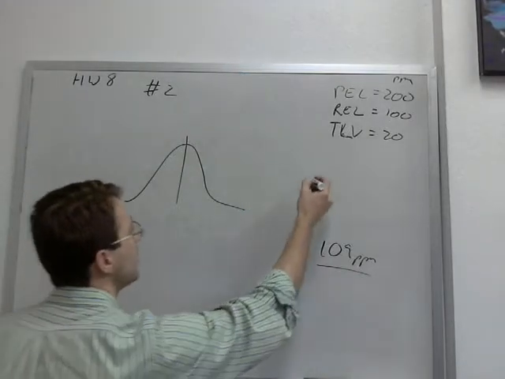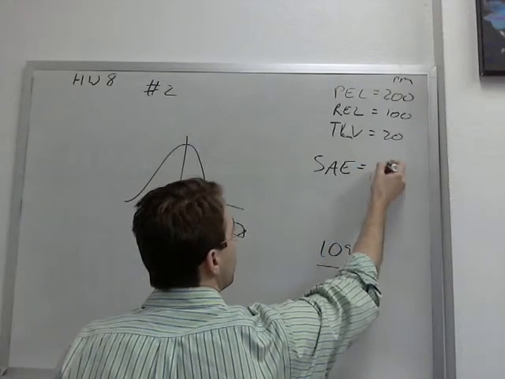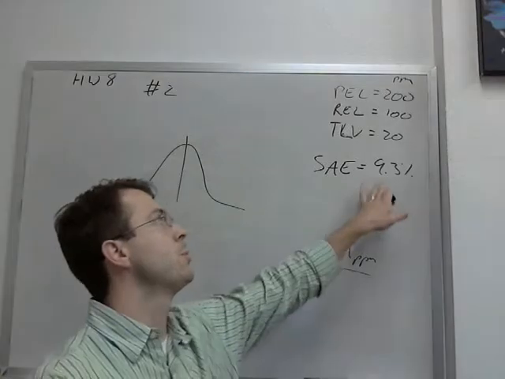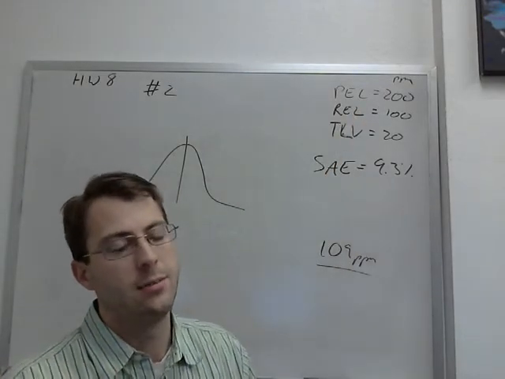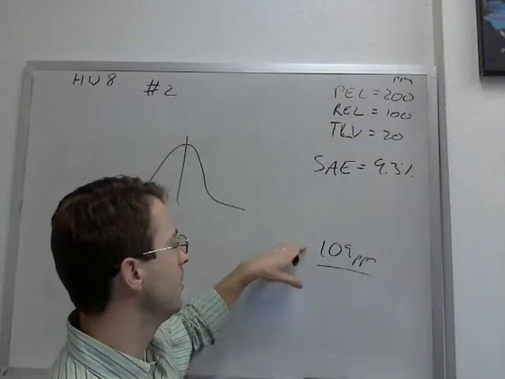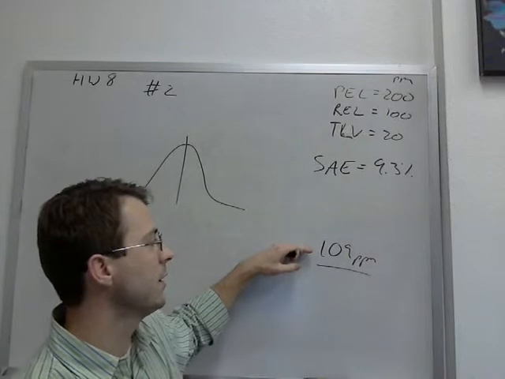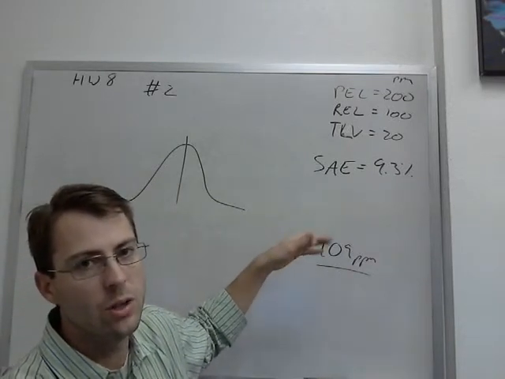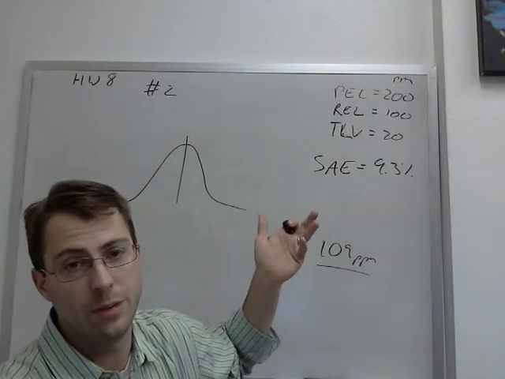And so the sampling and analytical error for this method is given as 9.3%. Now that's 9.3% at the permissible exposure limit. We don't really go into that, but if you're at half of the PEL, which we roughly are, and you've got 9.3% variance, then just suppose that's 100, then our value would be 100 plus or minus 9.3.